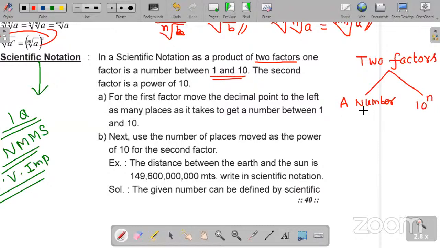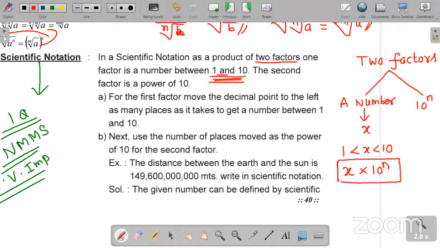Say the number x lies between 1 and 10, that means 1 is less than x, x is less than 10. So you can write scientific notation like this: x into 10 to the power of n. This is called scientific notation.